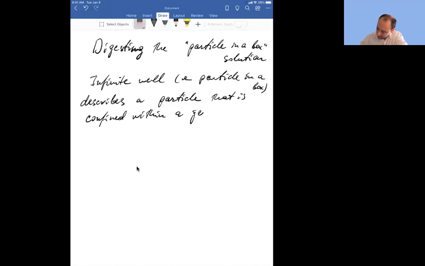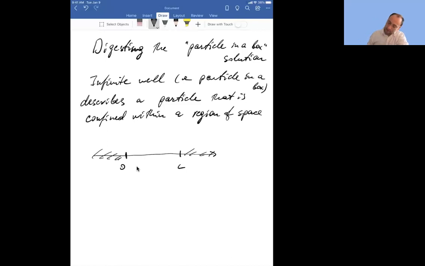We're doing this in one dimension, so that's within a number line, but really within a region of space. Now we like to put roadmaps and everything, so we have a region that's 0 to L. No matter what, it cannot be outside, and the particle is free inside this region. Classically, such a particle would just go ping, ping, ping, ping, ping, ping, ping, with a constant velocity in between.